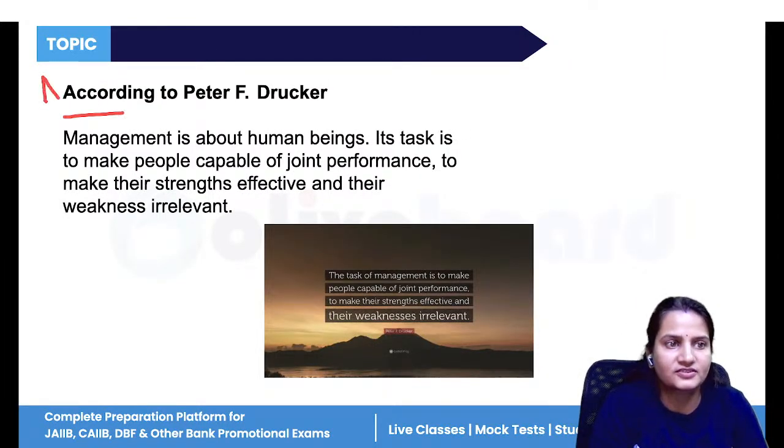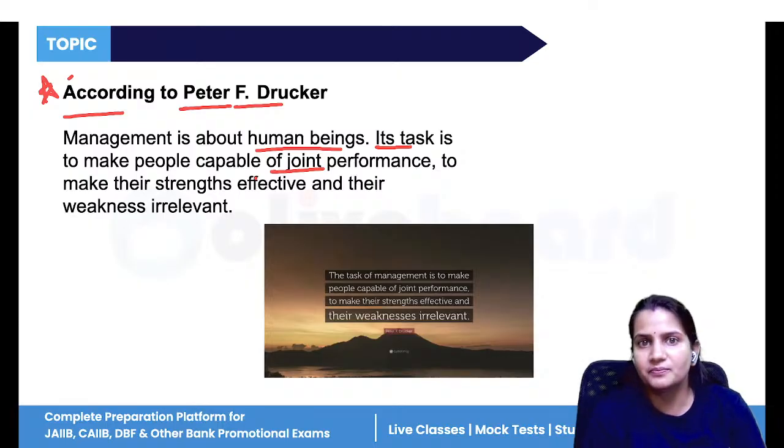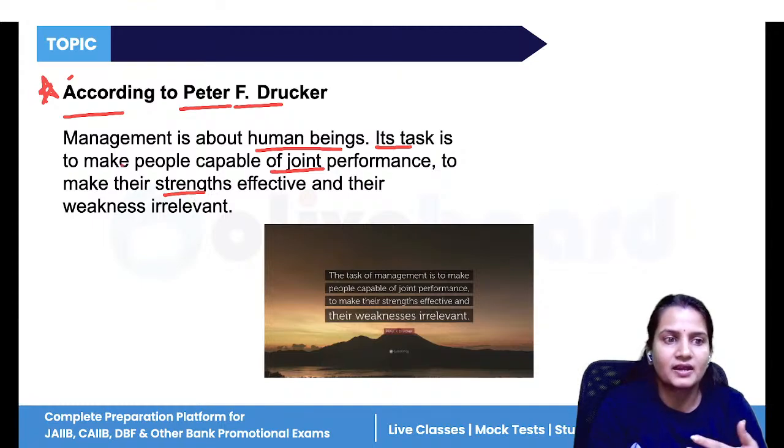Now, this is important. According to Peter F. Drucker, what is management? Management is about human beings. Its task is to make people capable of joint performance, means its task is to make people work in a coordinated manner, in a collaborative manner, so that whatever their strength is, you can make use of their strength and you can skip their weakness.